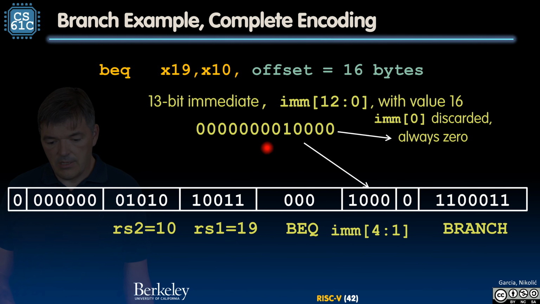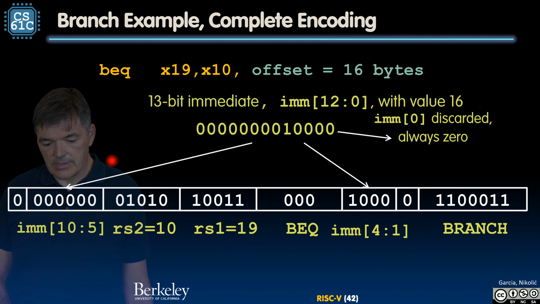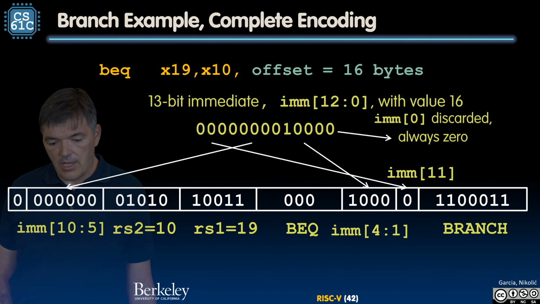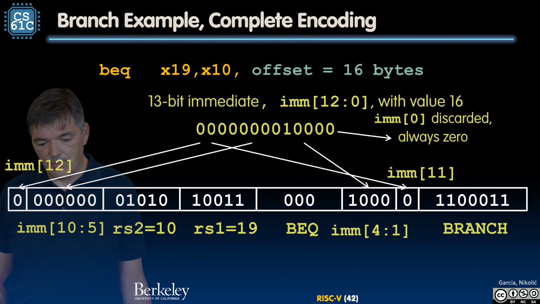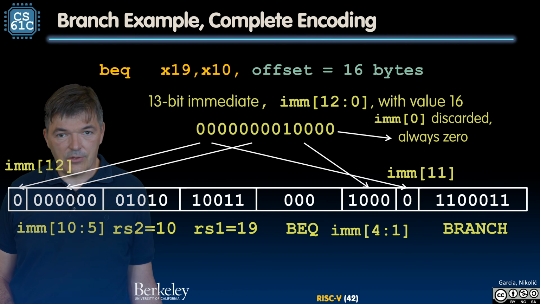Then we'll take the next least significant 4 bits and place them in this bit position that was previously partially occupied by RD. Then we'll take the next ones, place them in the lower 6 bits of the funct7 field, add this immediate 11 in the least significant bit position where RD was, and finally put the most significant immediate bit into the 31st bit of the instruction.